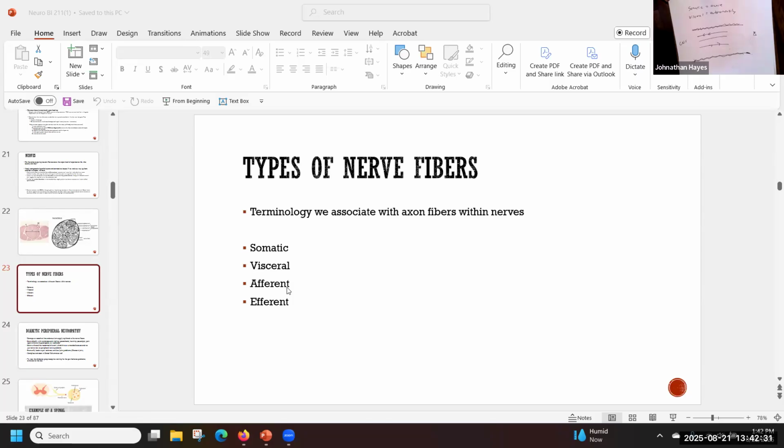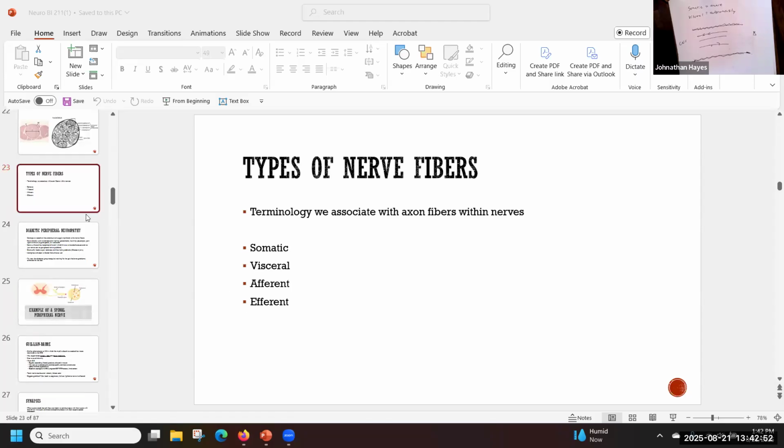Visceral efferent is controlling the things that I don't have to consciously think about to control, like blood vessel vasoconstriction or vasodilation, peristalsis in the digestive system. So again, that's kind of a deep review, but fairly inclusive of any type of question that could come from it.